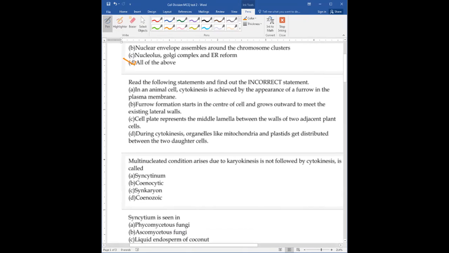Read the following statements and find out the incorrect statement. We'll do this step by step, one by one. In an animal cell, cytokinesis is achieved by the appearance of a furrow in the plasma membrane. What do you think? Is this right or is this wrong? Tanishka is saying this is wrong. So, Tanishka, if it is wrong, what is the correction here?